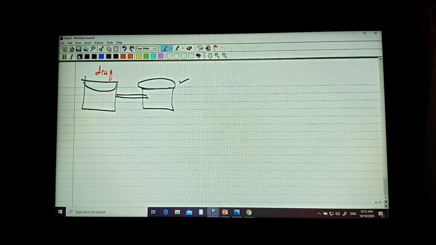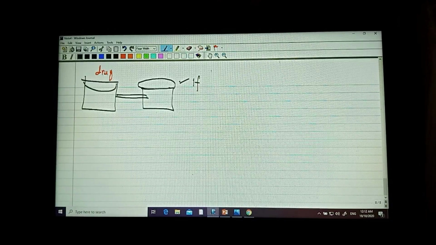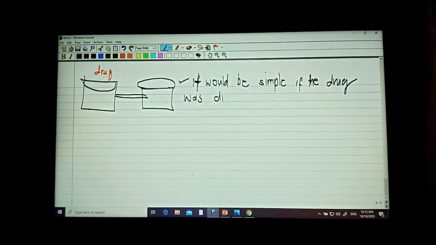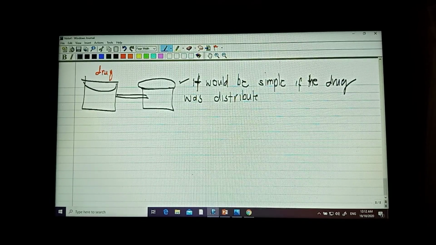Why? Because what? Okay, let me write that. It would be simple if the drug was distributed evenly as if a single compartment.